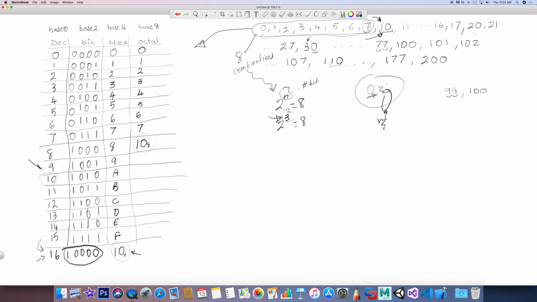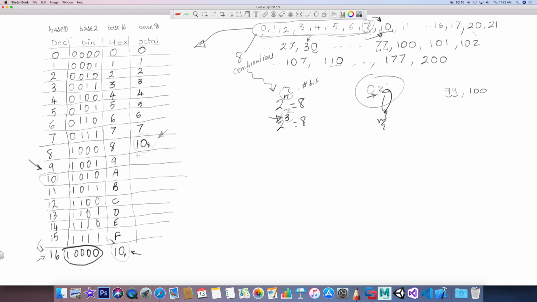At 9, after 9, you get 1 0. After F, you get 1 0 for hex. And after 7, you get 1 0. So that's a nice little pattern to know. It doesn't matter what base you have. If you have base 20, base whatever, you're going to know that 1 0 will follow right after you're done with the base count.